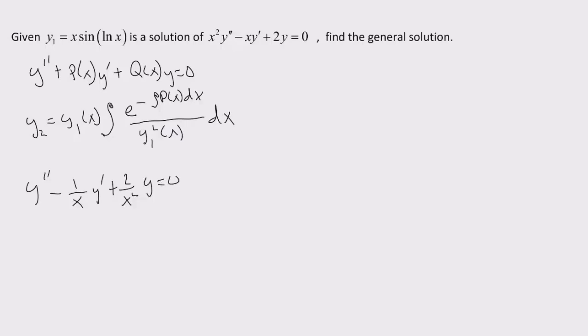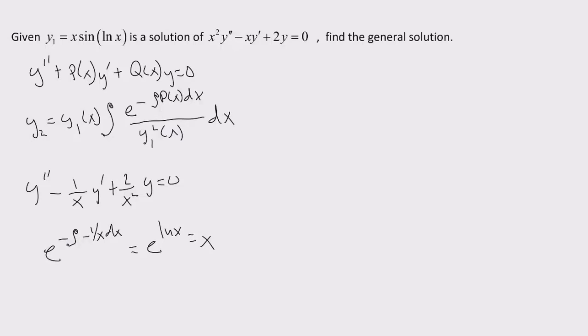Okay. And then I found it was helpful to do the e part first. So e to the negative integral of p of x would be negative 1 over x dx, and that seems very familiar, like we've just done that. So that's going to give me e to the ln of x, which is just plain old x.